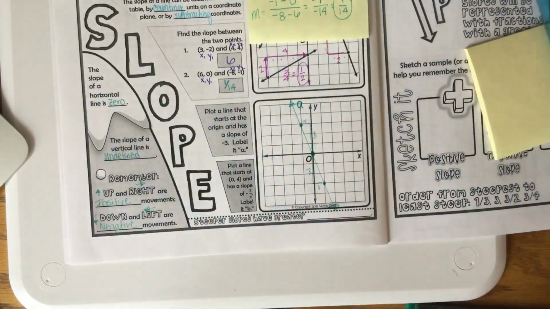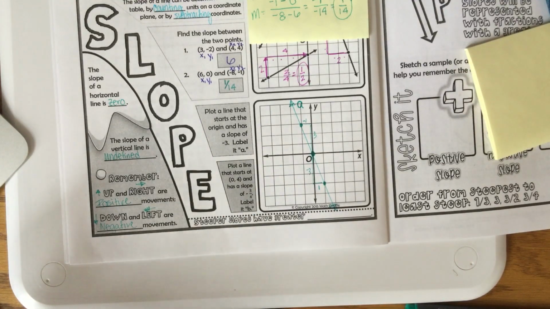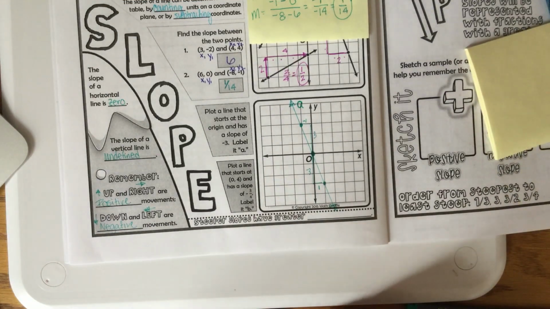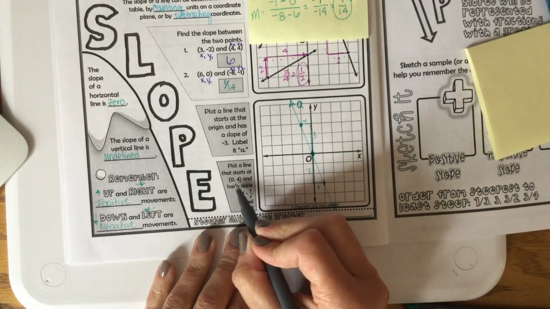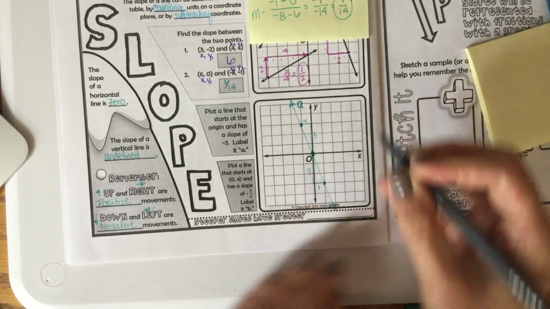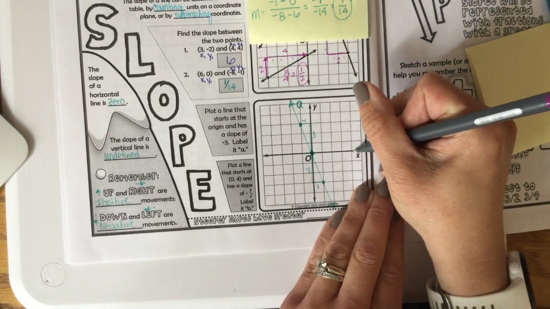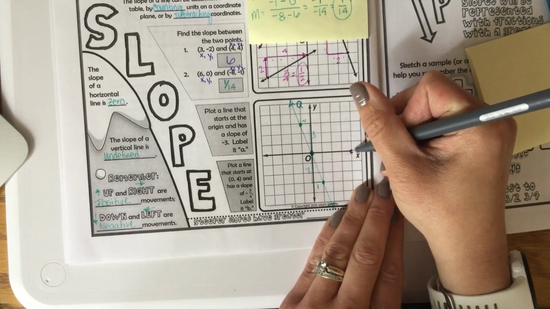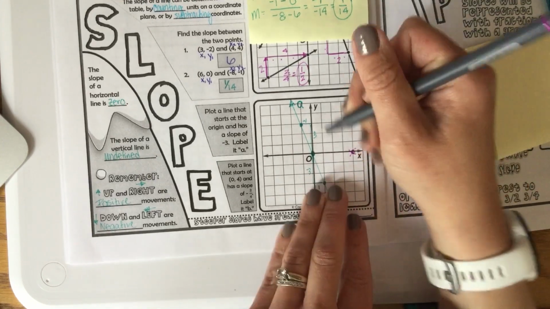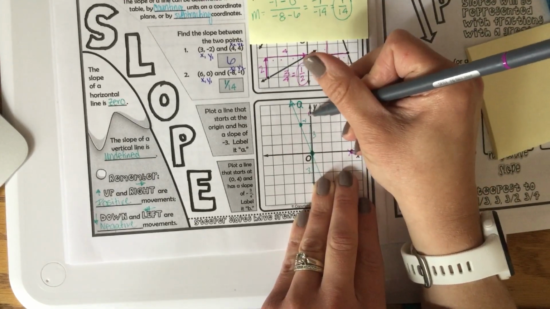Okay, so then it says plot a line that starts at 0, 4, and then you have a slope of -3/4. I want you guys to take a minute to think about where would that start then? How would you start this one? 0, 4 is a point on our graph. So if I went 0, 4, it'd be right here. 1, 2, 3, 4. Oh, I apologize. Where's my brain today? 1, 2, 3, 4. It'd be right here.